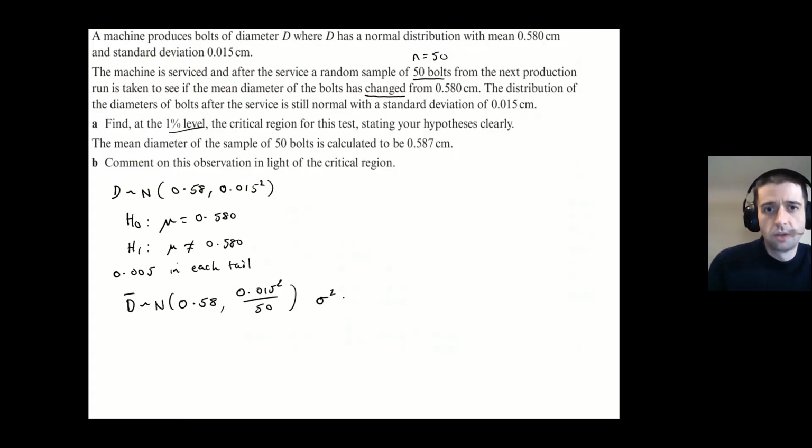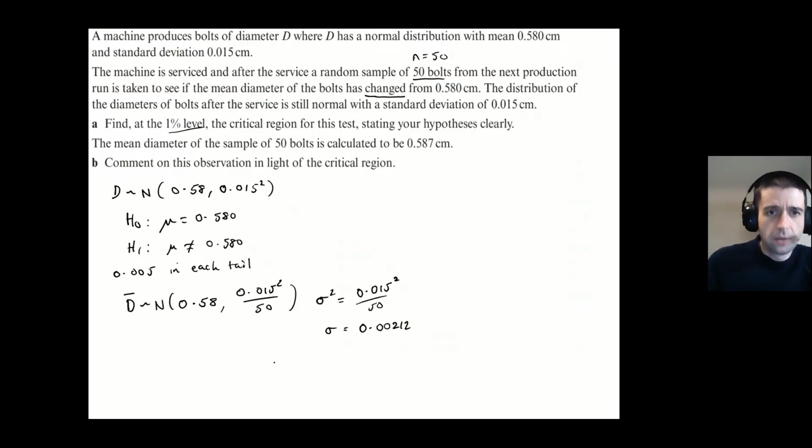Next to that I'm going to write that the variance is 0.015 squared over 50, which means the standard deviation is the square root of that. To 3 significant figures, that is 0.00212. And that's what I'm going to be using for my hypothesis test here.